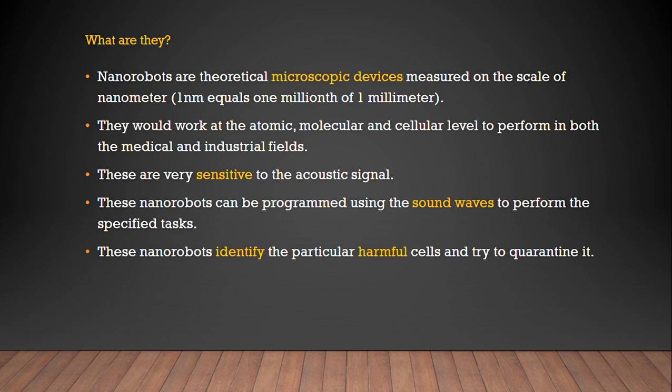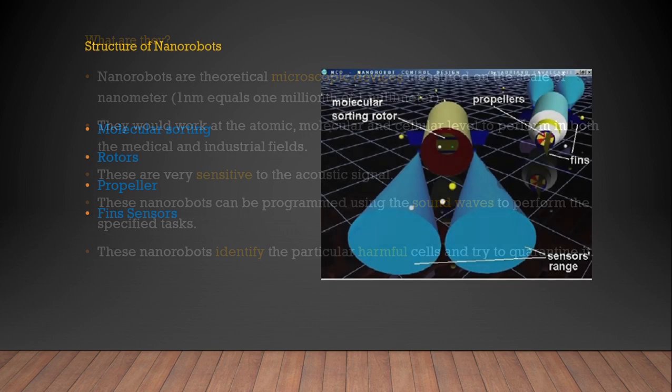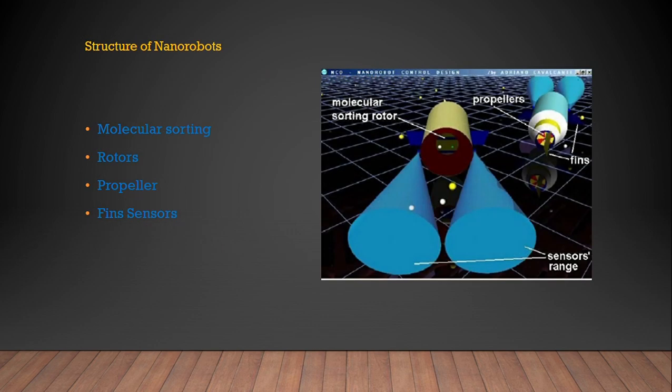These nanorobots identify the particular harmful cells and try to quarantine them. You can see in the picture the structure of nanorobots: molecular sorting, rotors, propeller, and pin sensors.